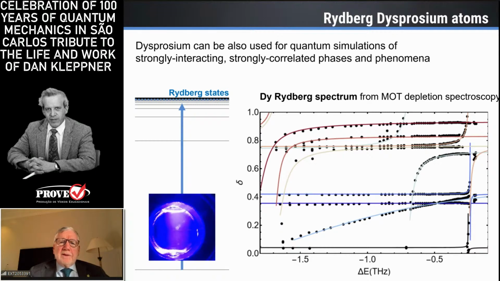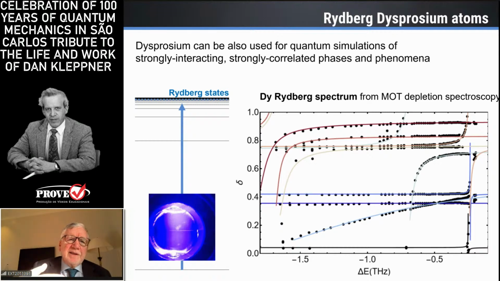Here these atoms of dysprosium are excited by light to very high levels. This is the Rydberg excitation.